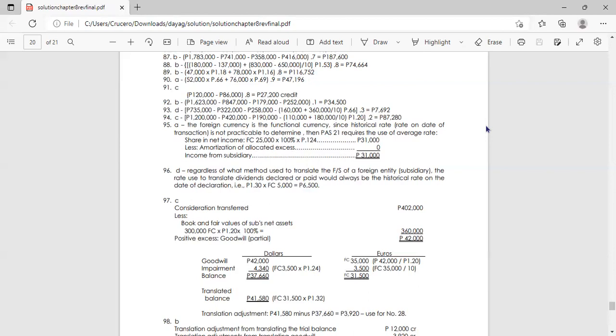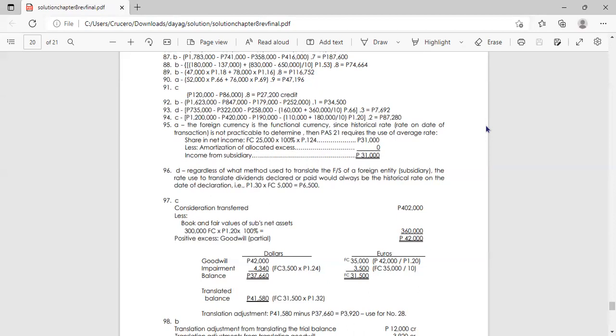And we add 830,000 minus 650,000 and we divide it by 10 and times 1.53. That's the exchange rate prevailing on December 31 and we multiply the result by 0.8. So that's why we have 74,664.